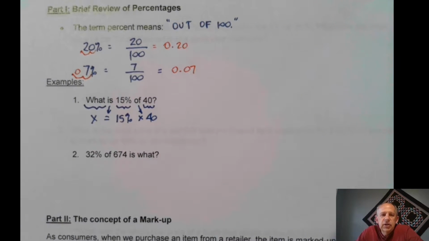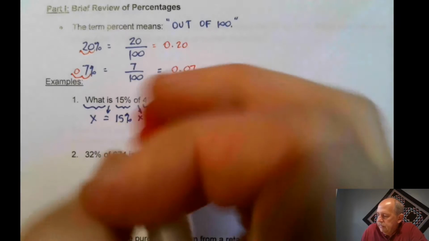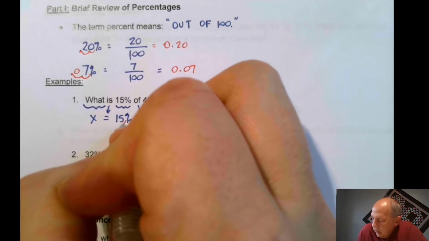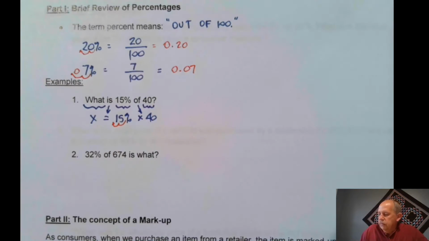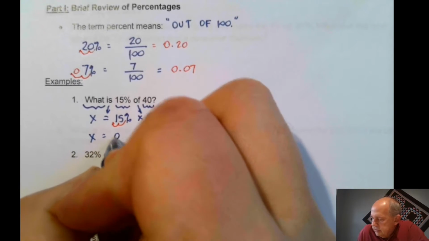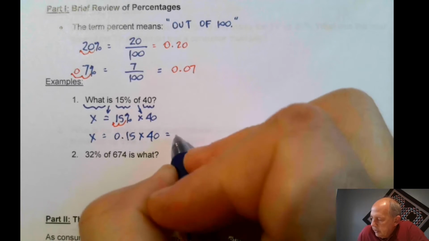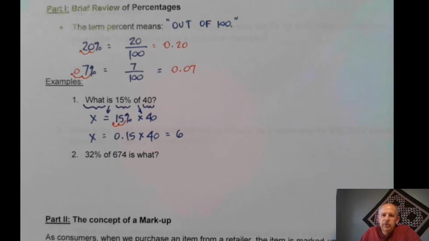So what we have here is X is equal to 15% of 40. Move the decimal over two places. So when I do that, I have 0.15 times 40, and my X value is going to be 6.